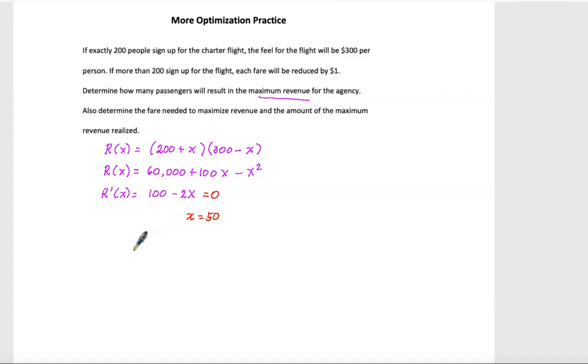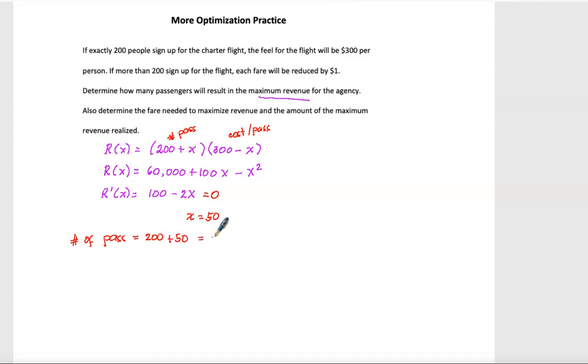It says in the first question, how many passengers will result in the maximum revenue? Remember, this is the number of passengers, the 200 plus x, and this is the cost per passenger. So the number of passengers would be equal to 200 plus x, which is 50.